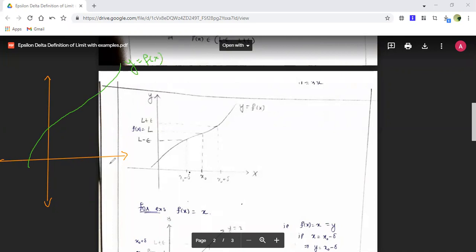f of x. Okay, and what I do here is I'll be taking any point, say x naught. So here if I take the point x naught, clearly I'll be taking some left distance, I'll be taking this as x naught minus delta, and here I'll be taking the point as x naught plus delta.